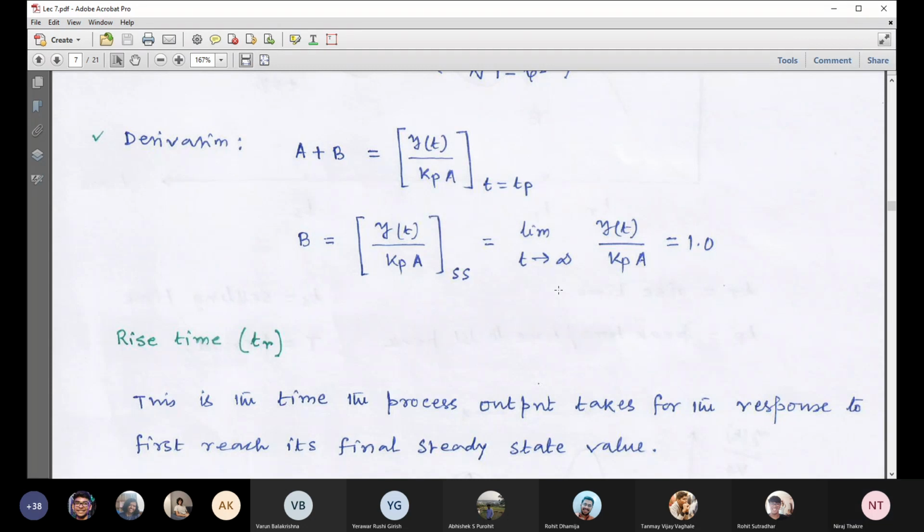So rise time we can get by considering y divided by a kp equal to 1. You just consider this in that expression and find the t value. I repeat, rise time corresponds to the final steady state value, that is nothing but 1. That means rise time we can determine by considering y divided by a kp equal to 1.